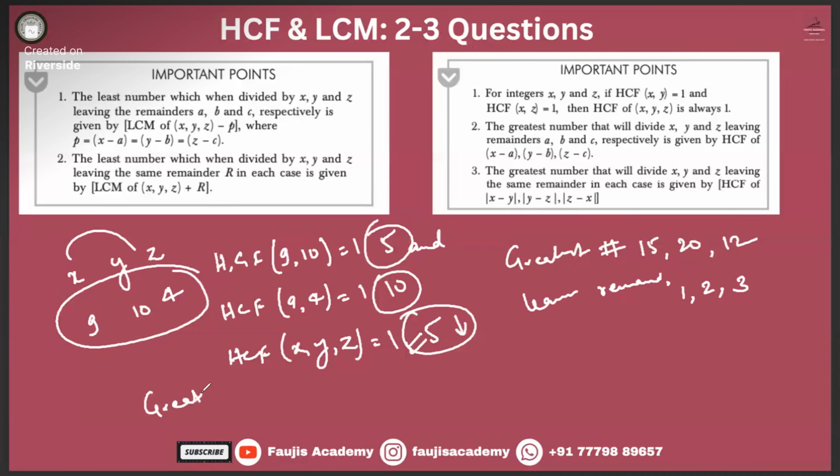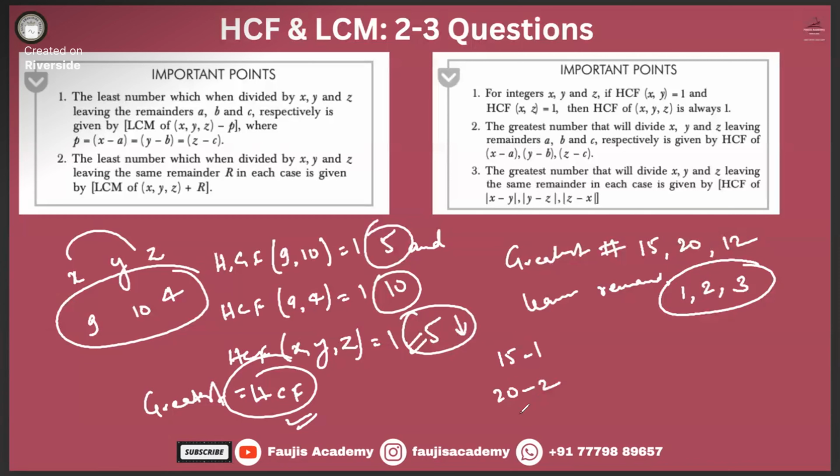But how to find this HCF so that these remainders remain? In that case, the first step is to subtract the remainders from the numbers themselves: 14, 18, 9. The greatest number that will divide leaving remainders A, B, C respectively is given by the HCF of x minus A, x minus B, and x minus C. So x minus A is 14, x minus B is 18.